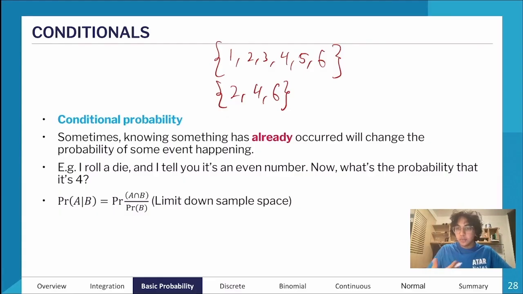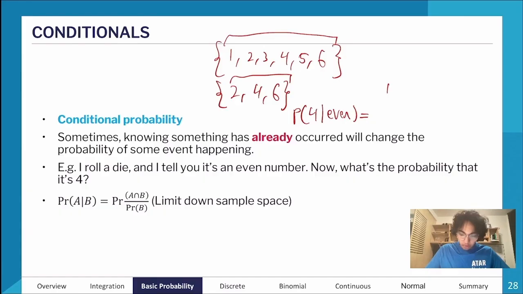Now if I want to work out the probability that it's a 4, given that it's even, I look at how many times 4 happens in the original set and how many times it happens in the second set. I look at their intersection. In both, it only occurs once.